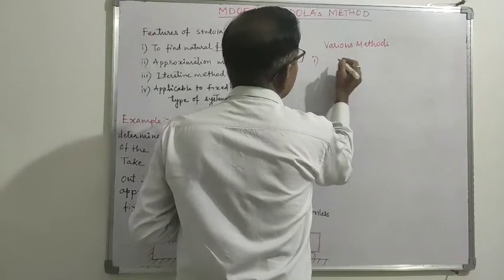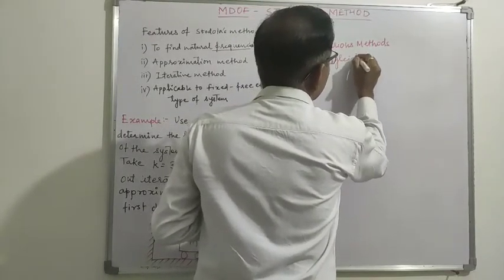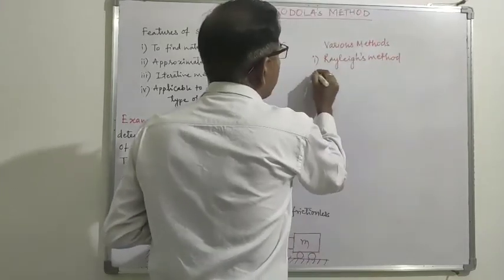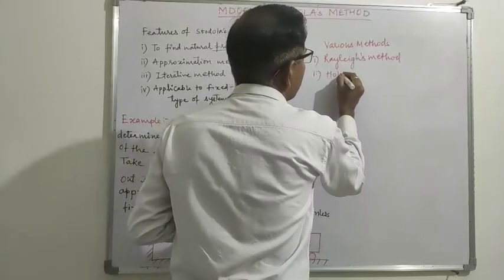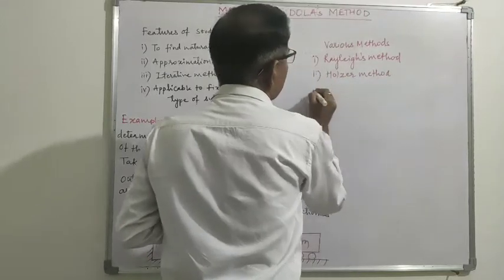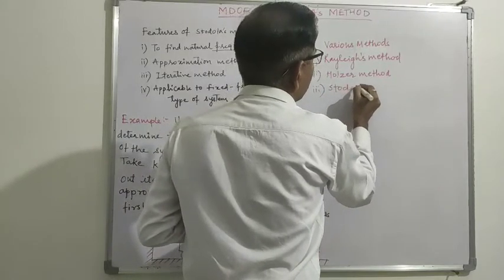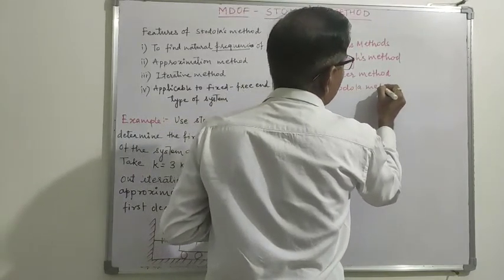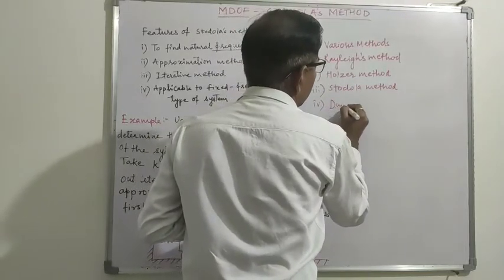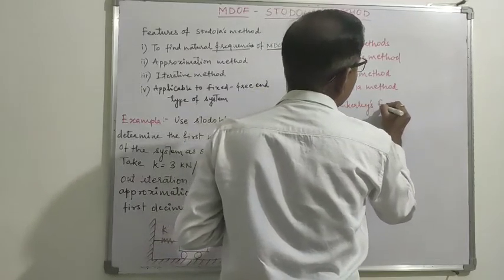Number one is Rayleigh's method. Then second is Holzer method. Third one is the Stodola method. Fourth one is Dunkerley's method or Dunkerley's formula, you can say.